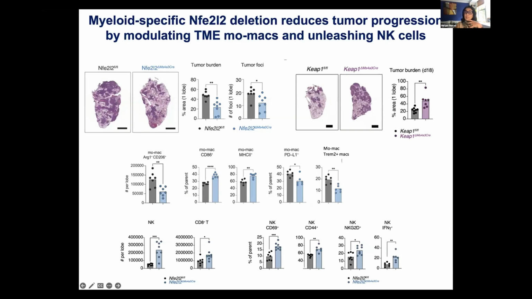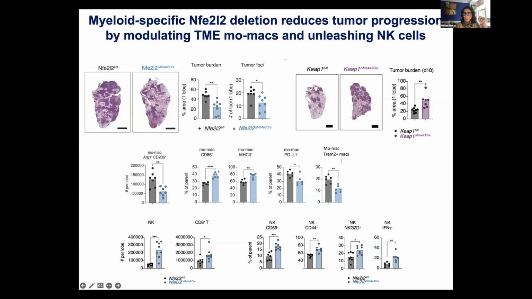We then also deleted the regulator of NRF2, this KEAP1, which in fact inhibits NRF2. So when we delete KEAP1, we now have more NRF2. It's the converse experiment, and we saw the opposite effect. When we looked at the number of macrophages at the tumor, we saw that this number of macrophages was reduced, and there was also a strong reduction of these TREM2 macrophages that I described to you earlier.